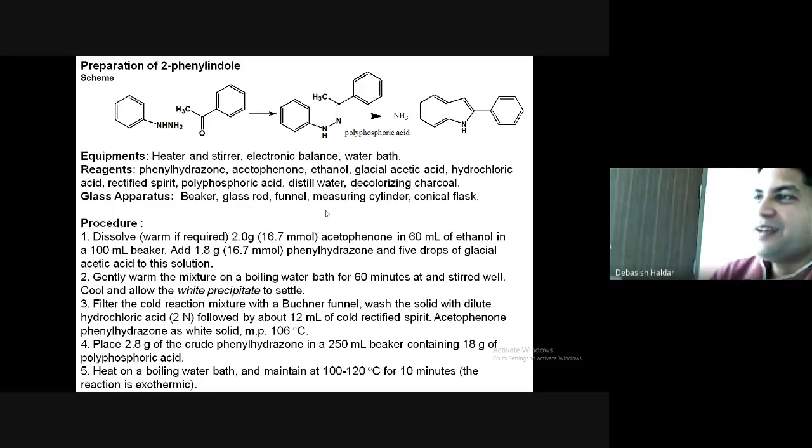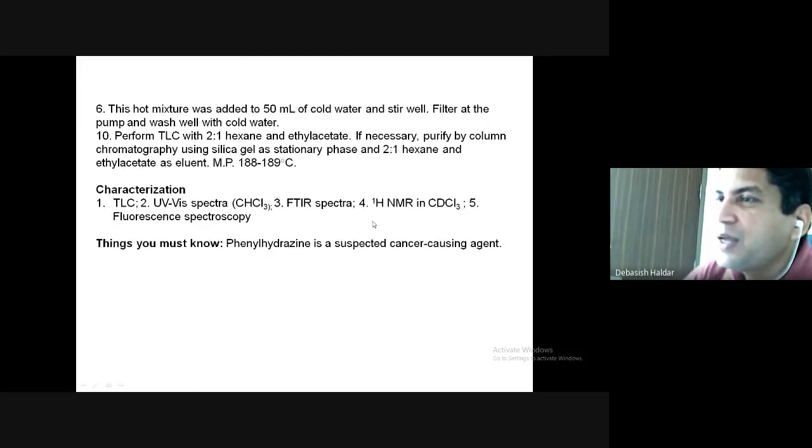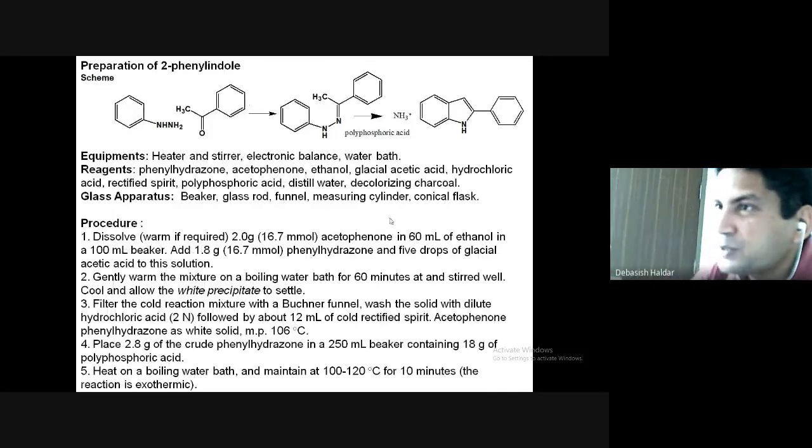Okay. So for today's experiment, the equipment we need is obviously the heater, stirrer, balance, water bath, whatever it is.